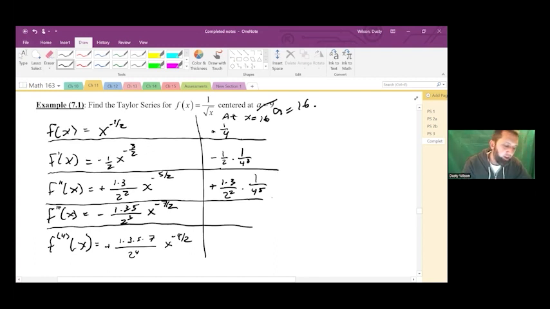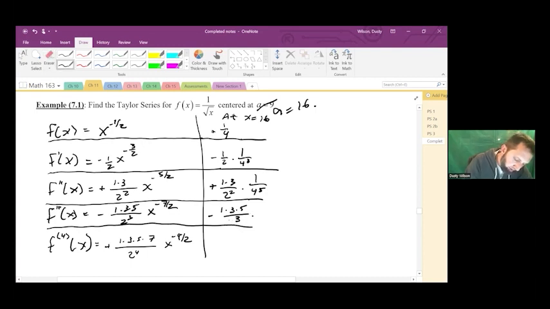Remember that the square root of 16 is 4. That's where all these 4s are coming from. The 1/2 power would be 4 to the 1. The 3/2 power would be the square root of 16, which is 4, cubed. Next one is going to be negative 1 times 3 times 5 over 2 cubed times 4 to the 7th, sorry, 2 cubed, not 3 cubed.